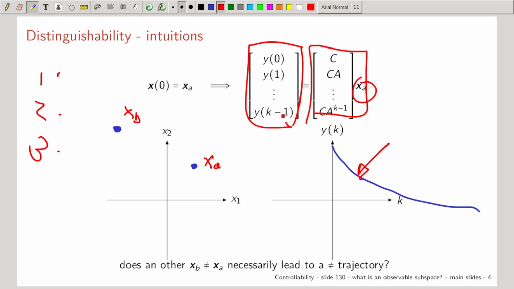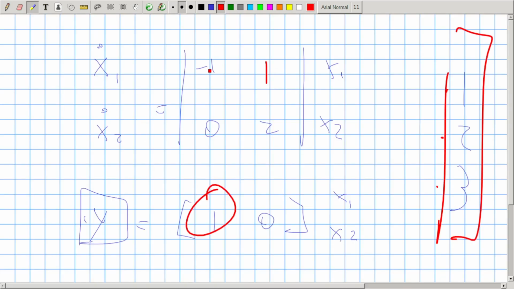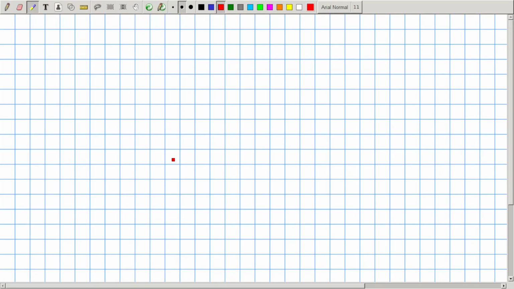Let's make an example. Let's make a numerical example where we are going to be together. I've got my system that is, again, x plus is equal to 0.5002 x. And then I've got y is equal to 10x.